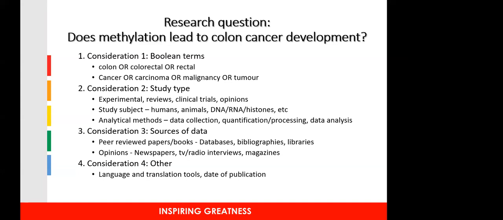And so there are a few things to consider. The first one is the Boolean terms. So if, let's say, we want to know whether methylation leads to colon cancer development, we would consider our Boolean terms where we need to think, when authors actually publish, do they all use the term colon cancer?